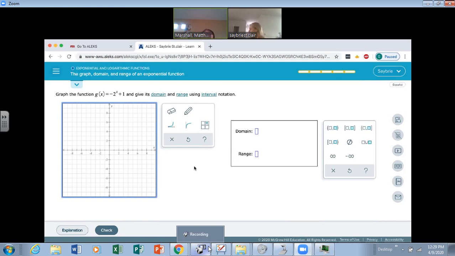I'm gonna Desmos this first right away. So negative 2x.